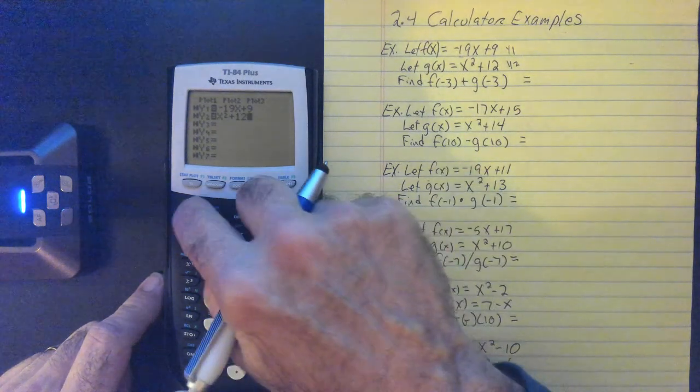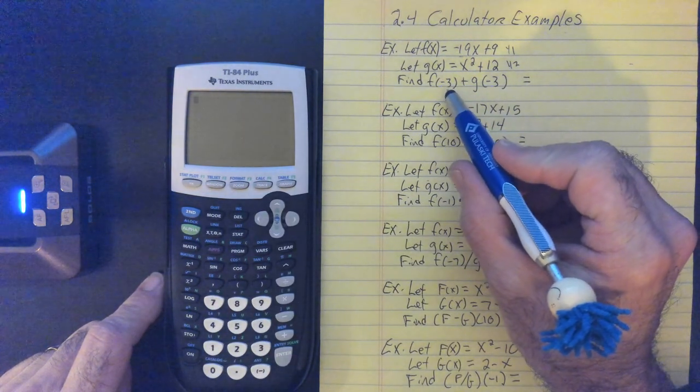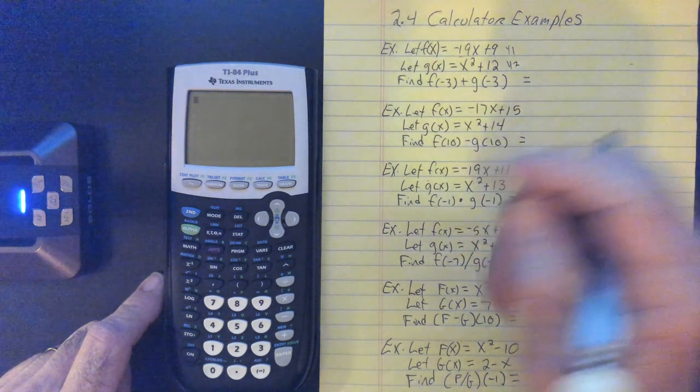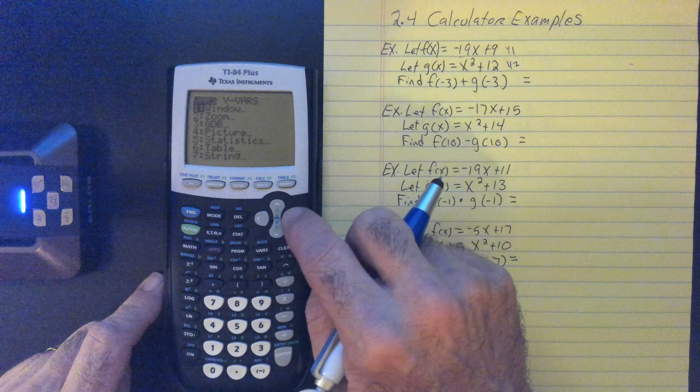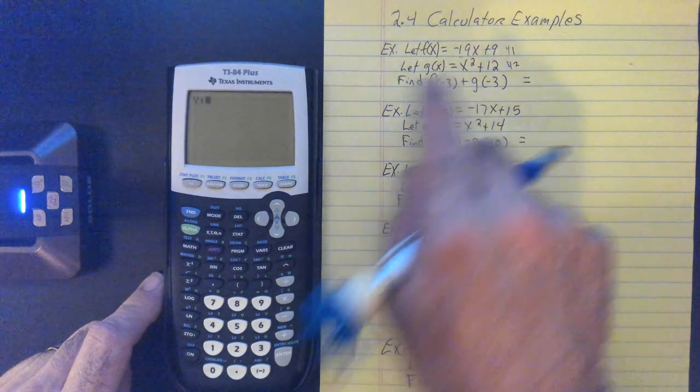So I'm going to quit that screen, and I'm going to use my variables that I showed y'all the other day. They're giving me two numbers to put in, and negative 3 for both of these. So I'm going to go to variables, y variables, hit enter for function. I'm going to put in my f of x first, which is y1.